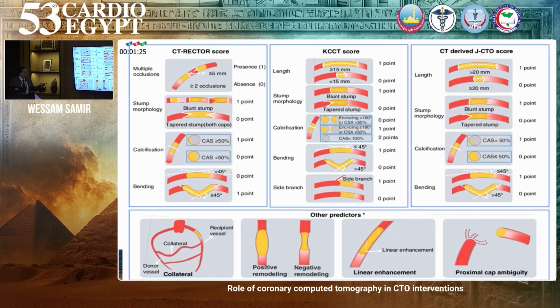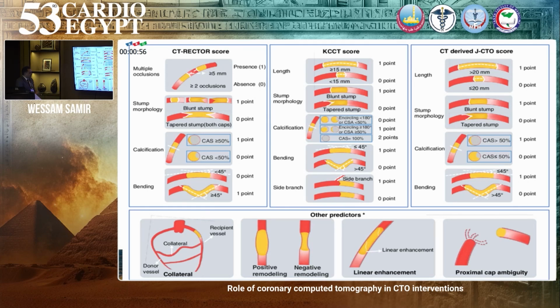If we compare the three different scores, each one has its own parameters. The JCTO derived score includes length, stump morphology, calcification, bending. Here it is almost the same, except for the presence of the side branch. Here, the presence of calcification, the area, the stump morphology, presence or absence of multiple occlusions. So these are CT-based scores for CTO intervention.